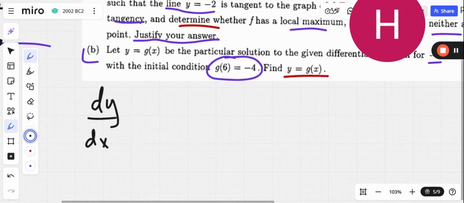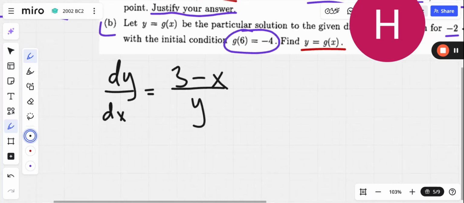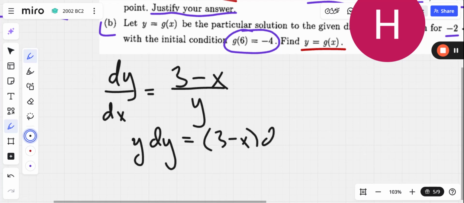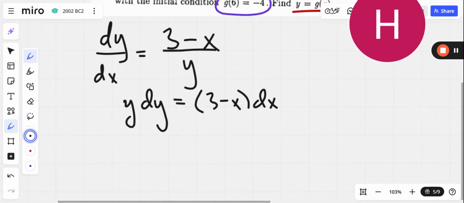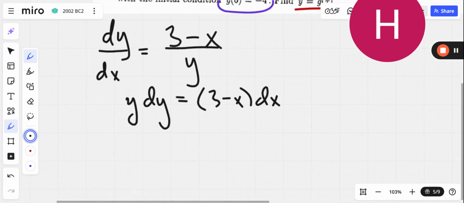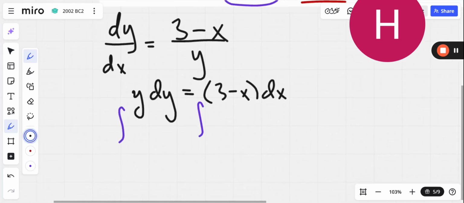First we'll have to take this differential equation and separate its variables. Multiply the y to get all the y stuff over there. Multiply the dx to get all the x stuff over here. And now we're ready to integrate both sides.